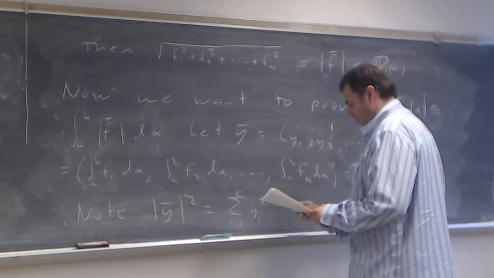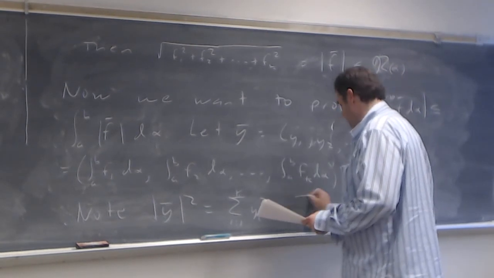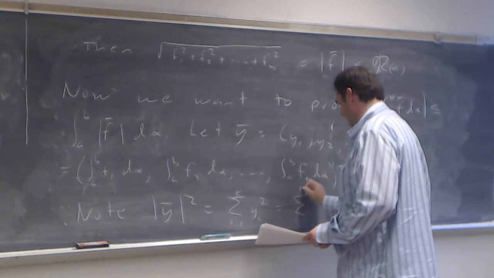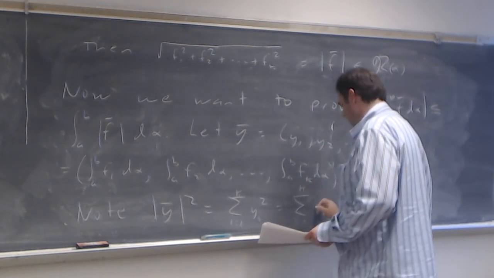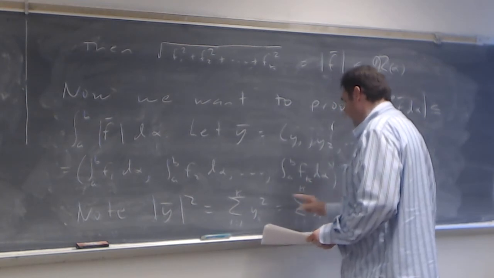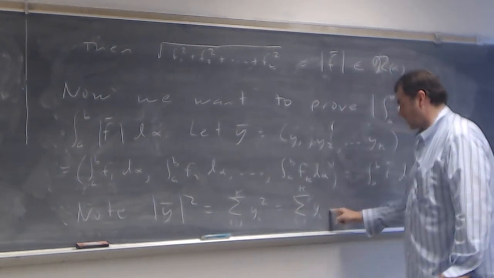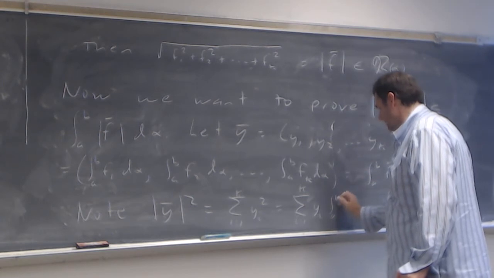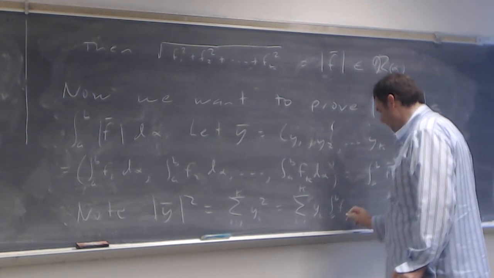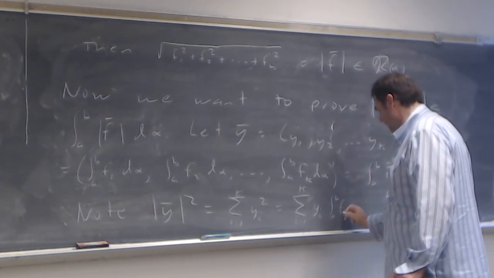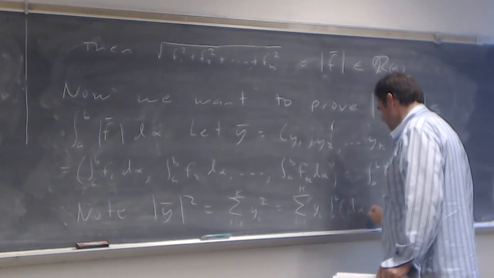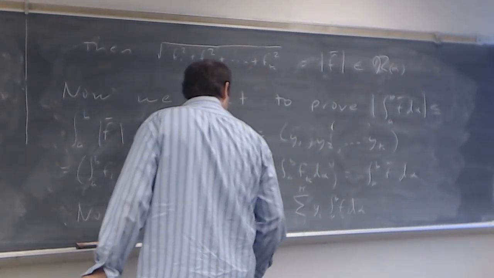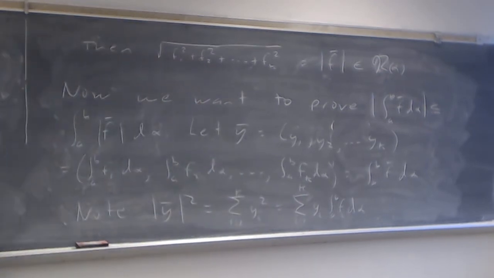Okay, but we can rewrite this as the sum as i runs from 1 to k of y sub i times y sub i, but the way I'll rewrite the second y sub i is the integral from a to b of f sub i d alpha. Okay, so that's what we have. And what we can do is interchange these sums and integrals.